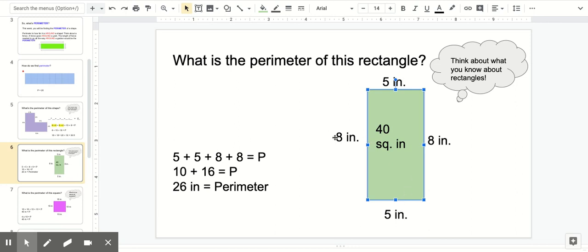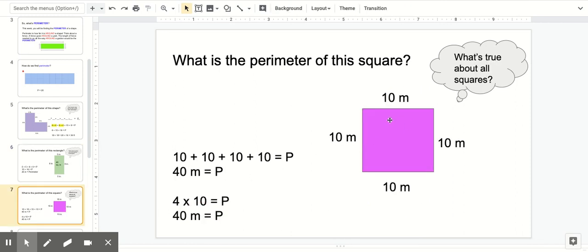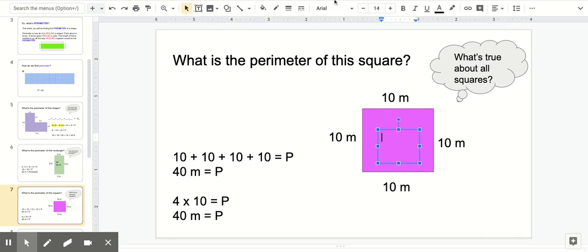So area and perimeter are connected to each other, but they're very different ideas, and they're different measurements that tell us different things. On our square, we said the perimeter, the length all the way around, was 40 meters. But we could also see that we could use our multiplication to find our area. Let's see. 10 times 10 is 100 square meters.